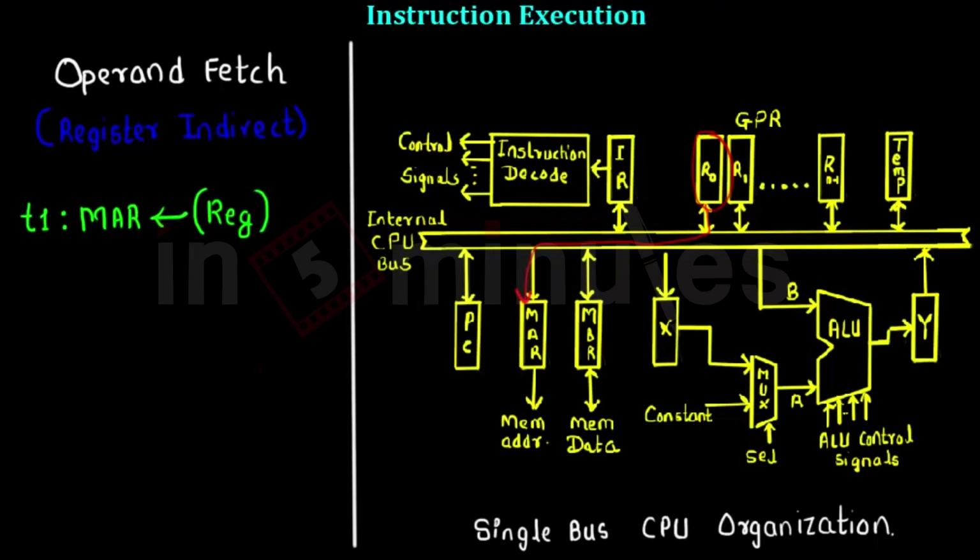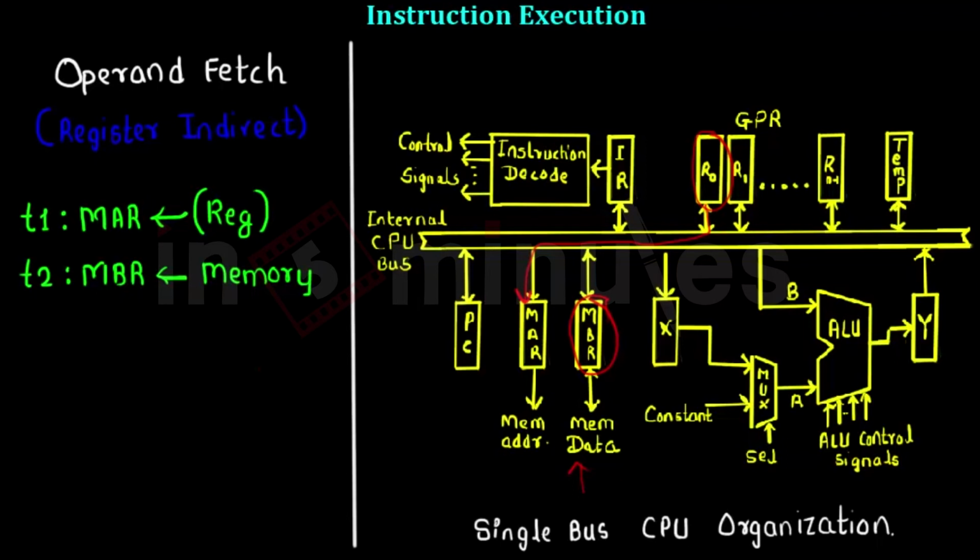Note that in this T state, the appropriate control signals are also given to the memory. In the next T state, the data is loaded from the memory to the memory buffer register, and we have completed our operand fetch. So the operand is now present in the CPU, in the memory buffer register.